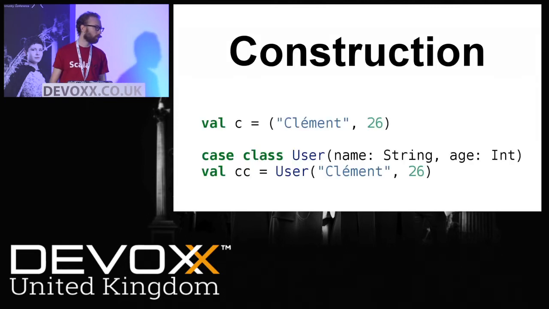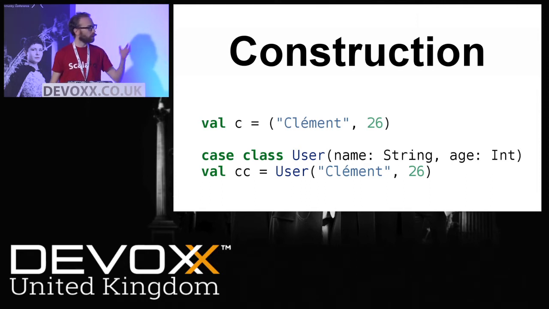Product types, I think you already know that. It's tuples or case classes, stuff like that. It's like a Cartesian product. You're putting a value of one type and a value of another type together, and if you think about it in set theory, it's a Cartesian product.